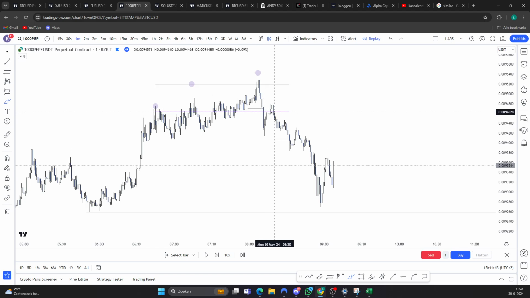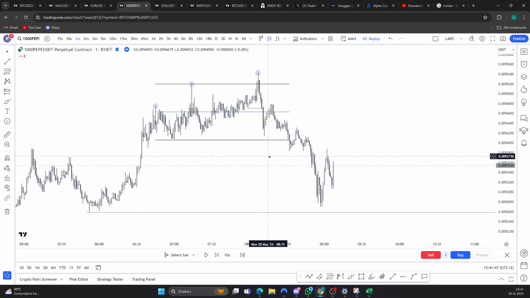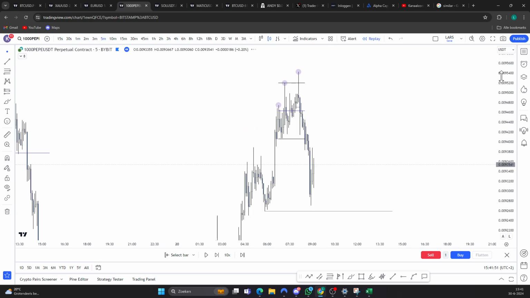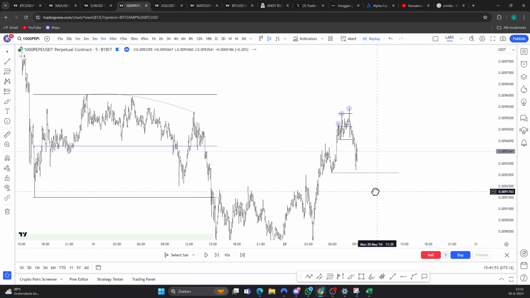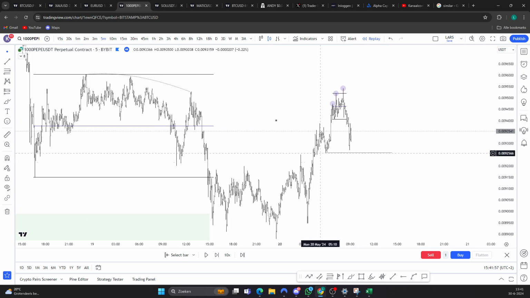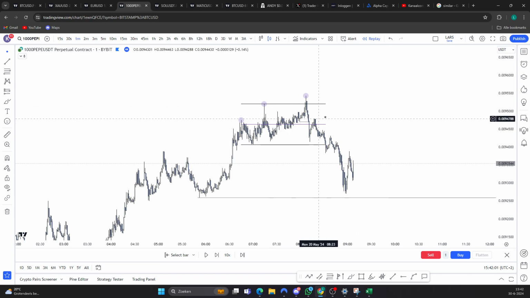So you can still take it because if it comes there, you have a 2 to 2.5 risk to reward, which we just had here. However, in this macro context, I wouldn't really say that because you're in an uptrend and you have a PO3, which is bullish. So I still wouldn't take that.